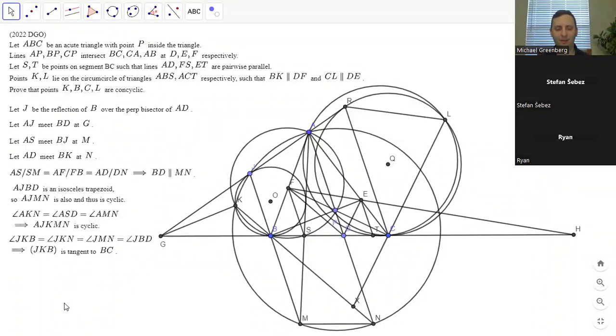Okay. And you can use the law of sines in KBJ to get that will be equal to something like KB over KJ whole thing squared, or the other way around. Don't know now. Okay. And that will actually mean you want to prove that KB over KJ is CL over LR. Or something like that. So are those two similar?